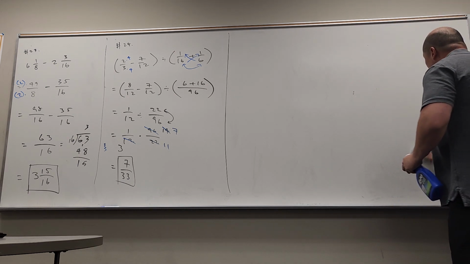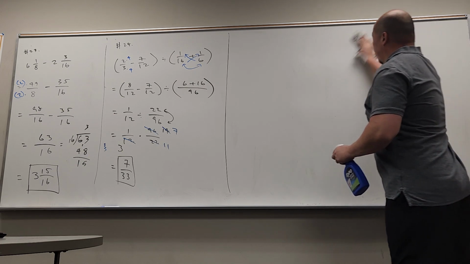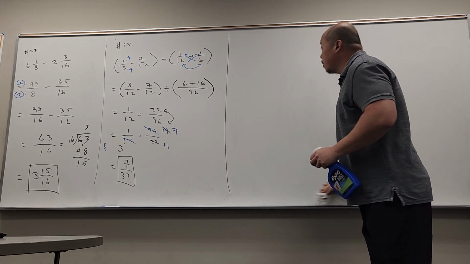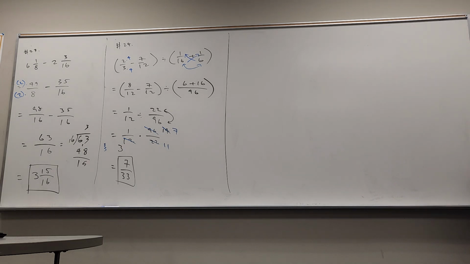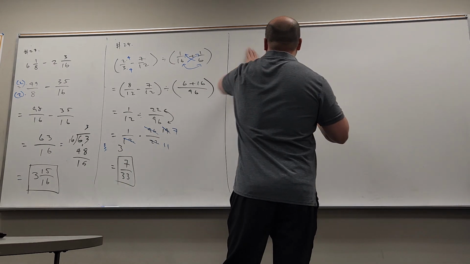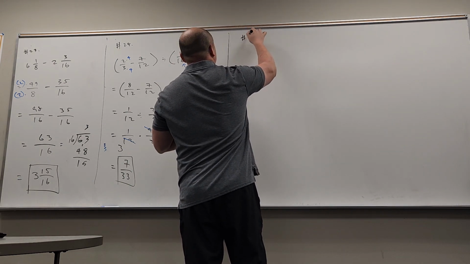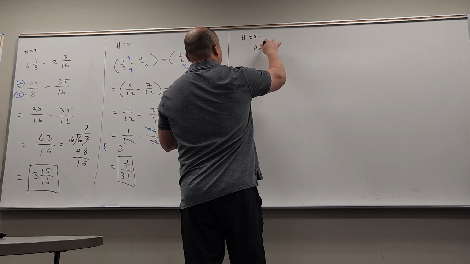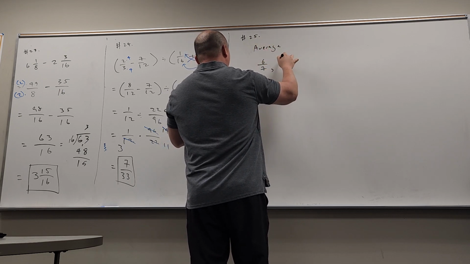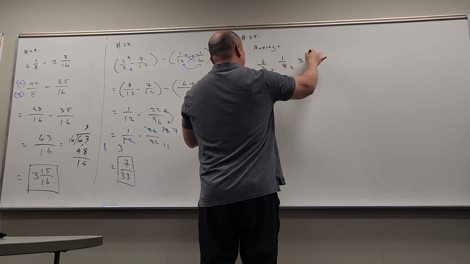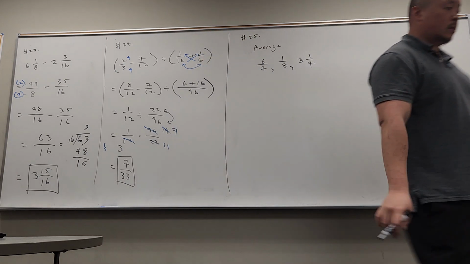And now to the last problem. So the very last problem is an average problem. You're looking for the average of 6 over 7, 1 over 8, and 3 1/4.